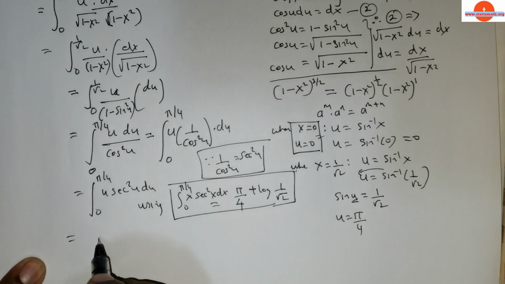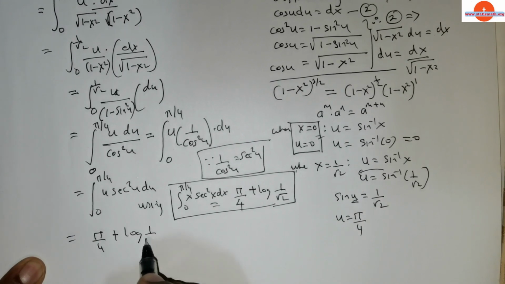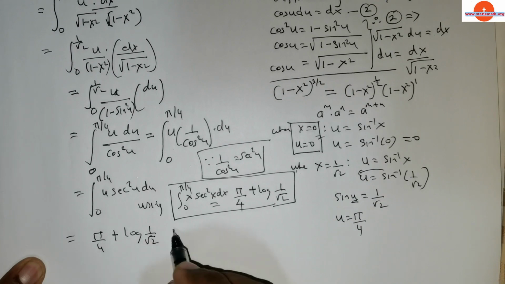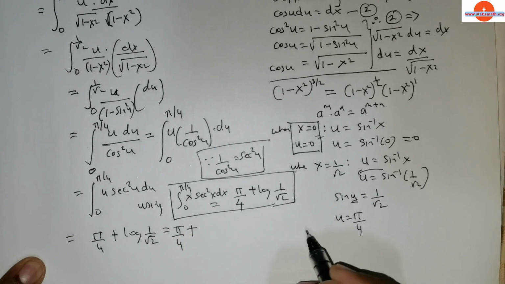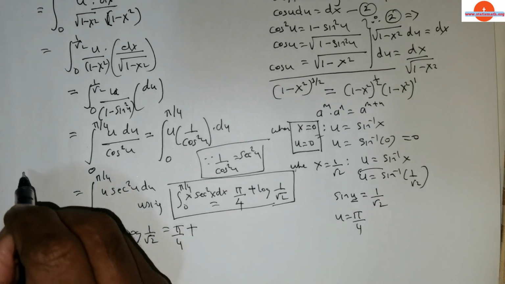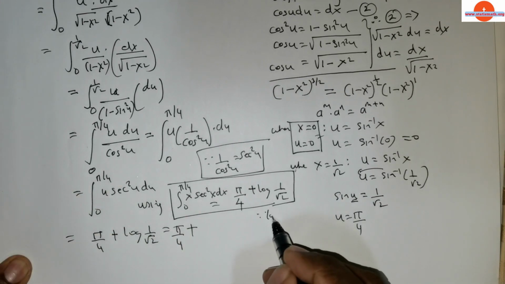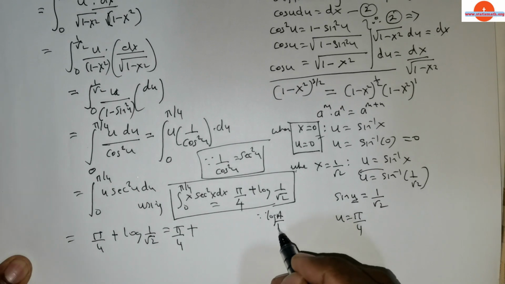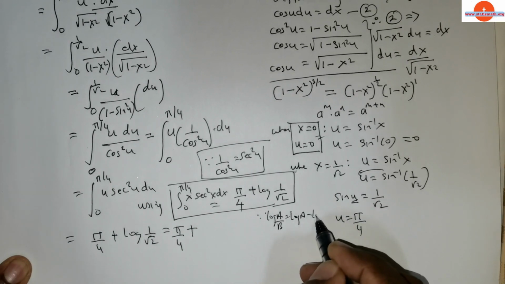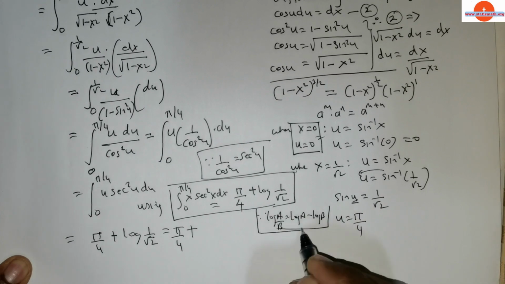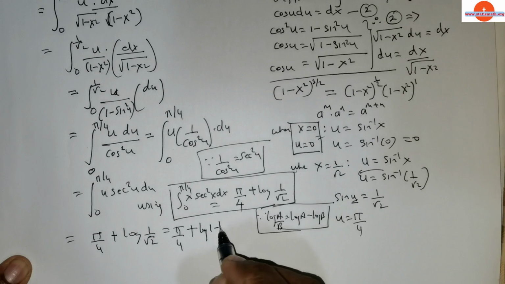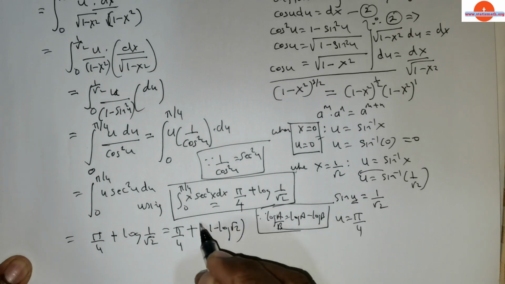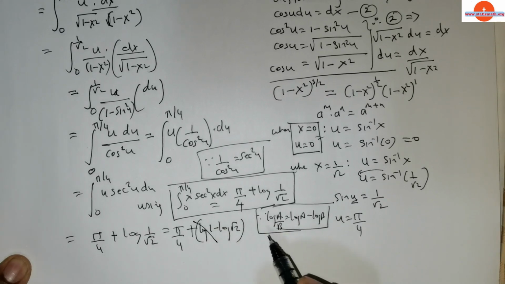The solution would now be rewritten as pi over 4 plus log of 1 over root 2. You can leave it here or you can simplify it further. We know that log of a over b is log a minus log b. Because I know this, I can rewrite this as log of 1 minus log of root 2. Log of 1 is 0.